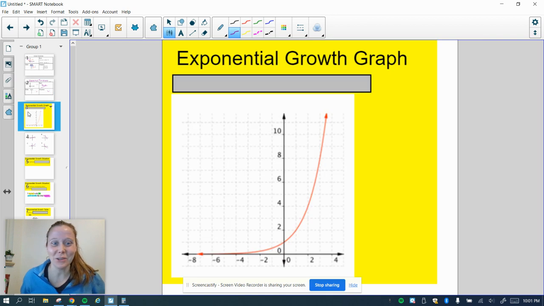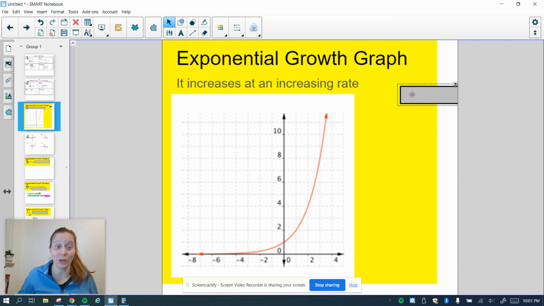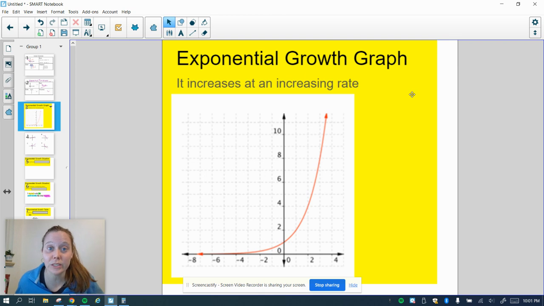All right. So looking at this graph, this is an exponential growth graph. How would you describe it? What words would you use to describe this graph? The words that we typically use when describing an exponential growth graph: we're going to say that it's increasing at an increasing rate.